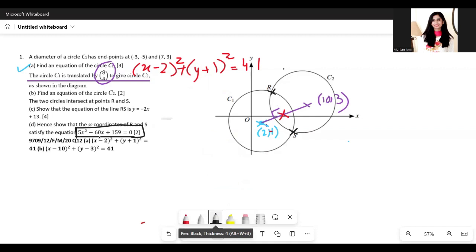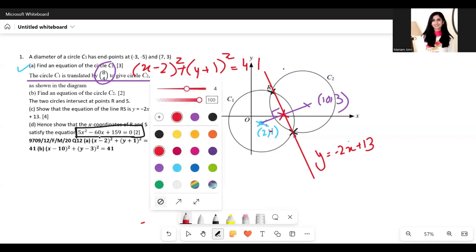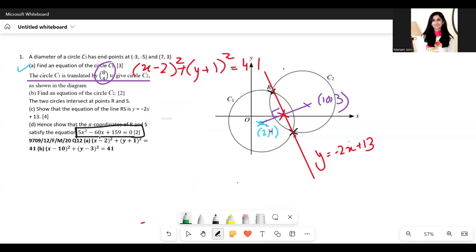Okay, now look at R and S. Through R and S, this line is passing, this linear line, which is y equals negative 2x plus 13. And through R and S, two circles are passing. So you can take any one of the circles. I'm going to take this one. You can take either of them.